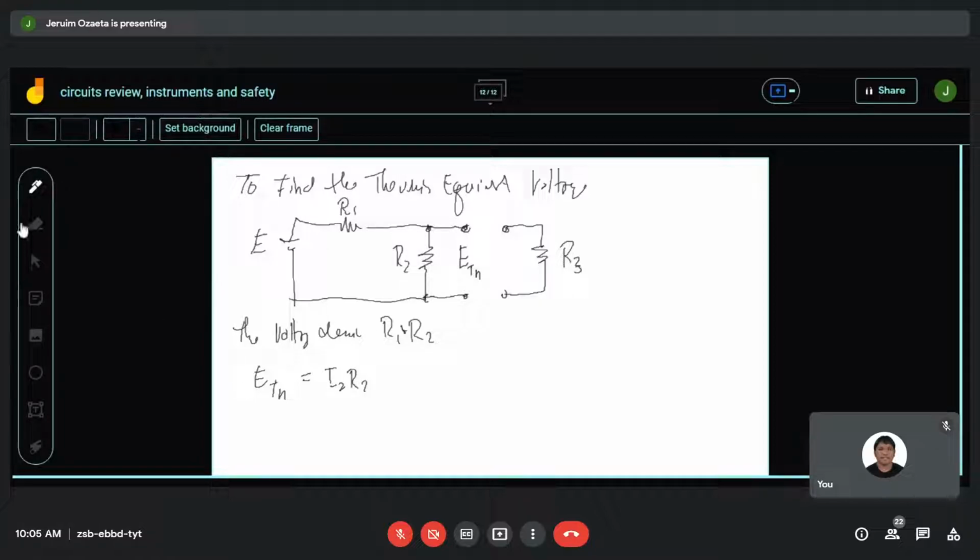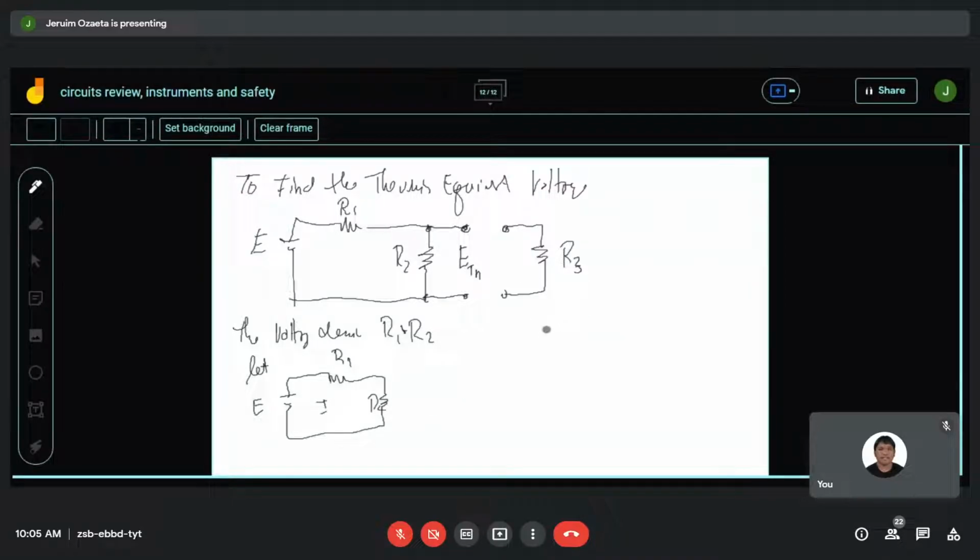Let's say, let's take an example. Let I be the current through R sub 1 and R sub 2.